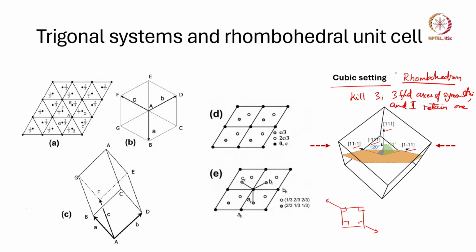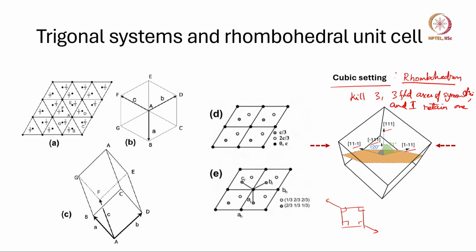You have 90 degrees to start with, but once you start pulling it about the body diagonal, you lose your 90 degrees, you lose the square nature of the unit cell, right? So it becomes a rhombus. Similarly here, what I have is a rhombohedron. Okay, now the other way of looking at a rhombohedron is from the hexagonal system, right?